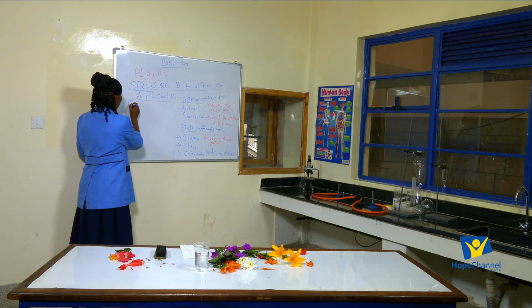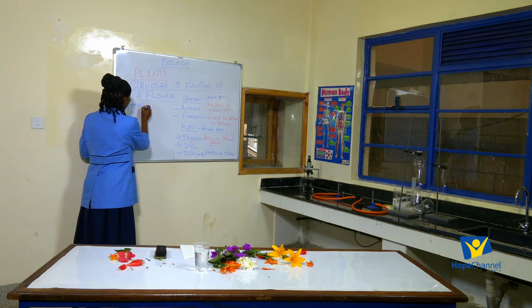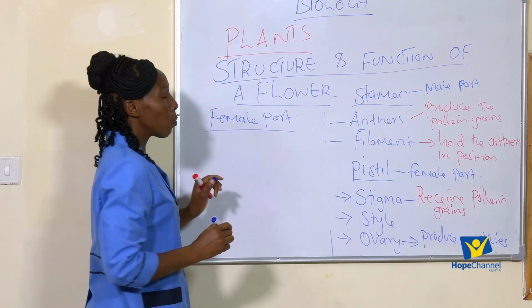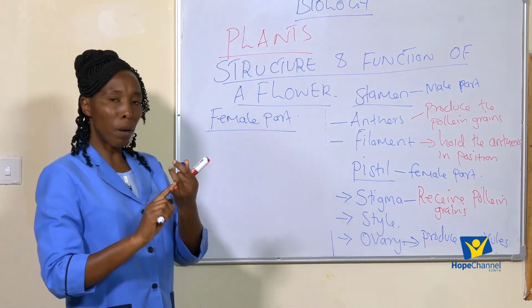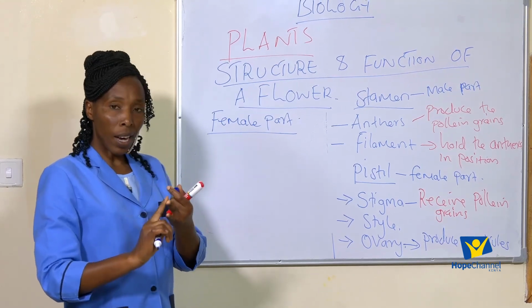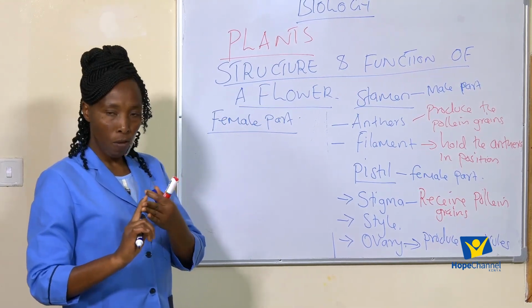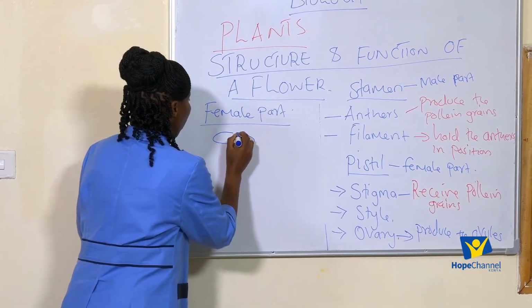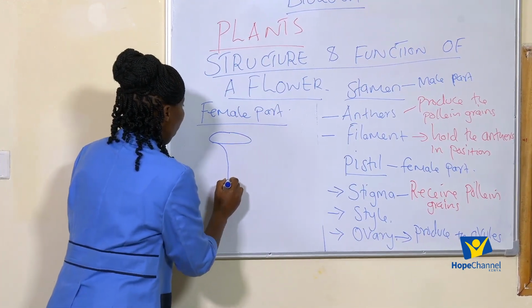So if I was to draw the female part of the flower, then what will I draw? We've said the female part consists of the stigma, the style, and the ovary. So I'll just draw the stigma, probably. Then I draw the style.